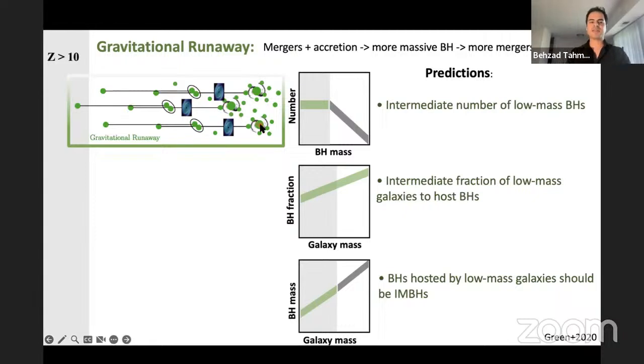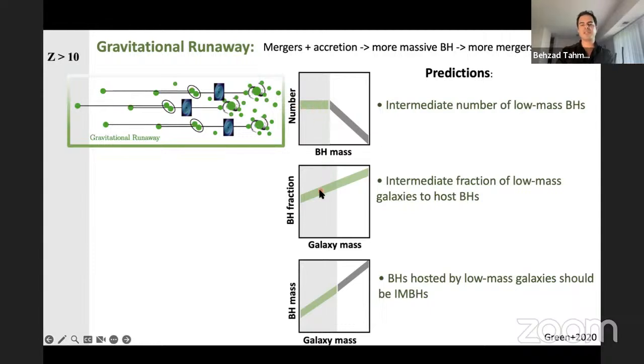So this scenario has some predictions. First is an intermediate number of low mass black holes. This is the mass of the black hole versus the number density. So this theory predicts an intermediate number of low mass black holes. They are not very high, they are not very low, but intermediate.